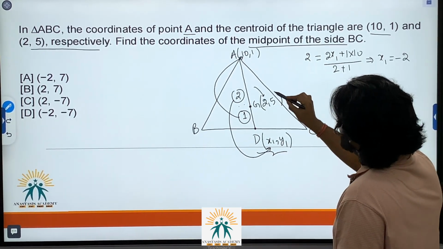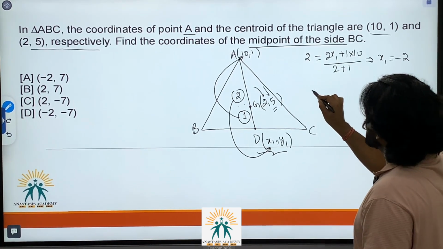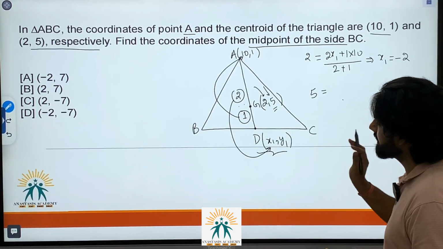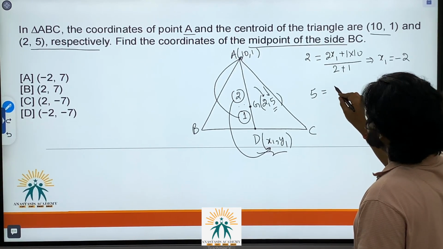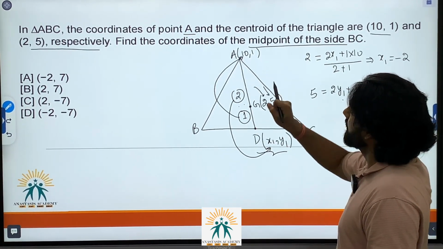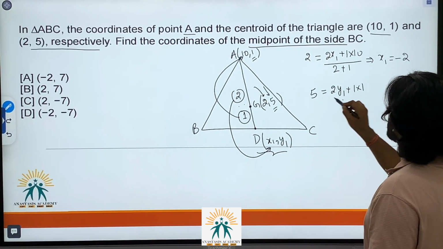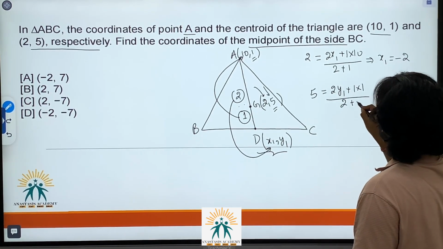Similarly, for the y coordinate, 5 would be equal to (2 times the y coordinate of this point, 2y1, plus 1 into the y coordinate of point A, which is 1 into 1) upon the sum of these ratios, that is 2 plus 1.